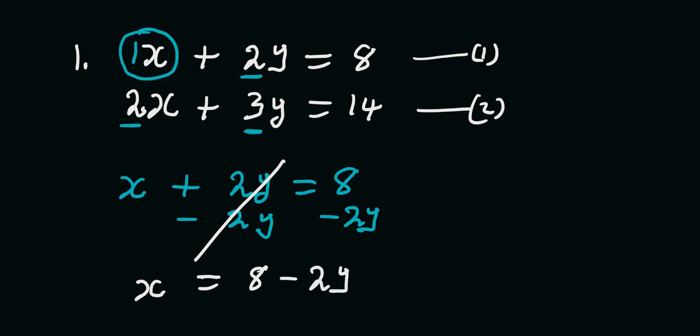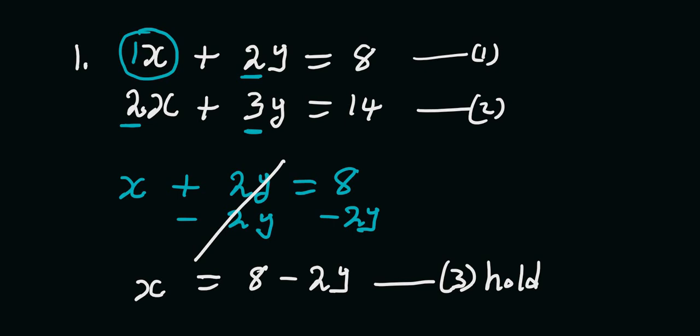Okay, so we have made x the subject of the formula, or we have written x in terms of y. So we can label this as equation 3, then put it on hold. Just write it over here on hold, because we are going to come back to this equation.